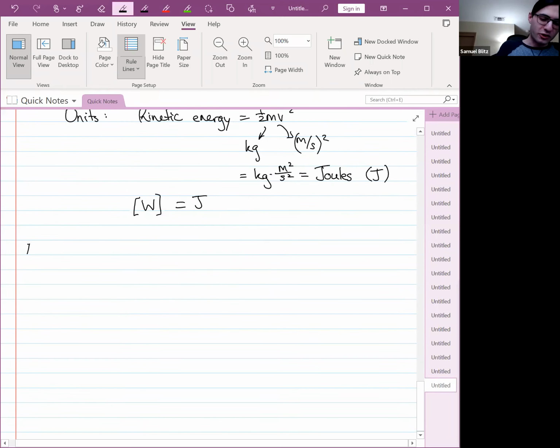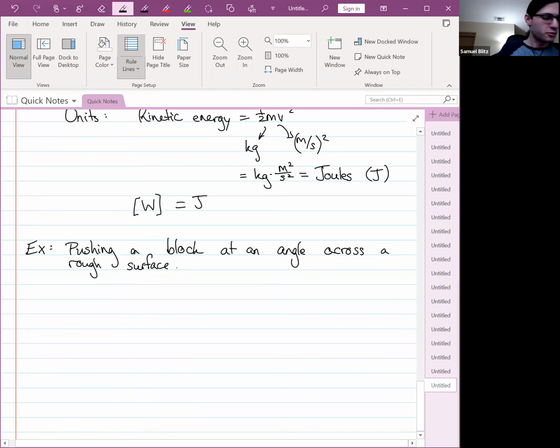Let's just work through a quick example so you guys can see how this actually plays out. Pushing a block at an angle across a rough surface. The picture here is you have a block sitting on a rough surface.